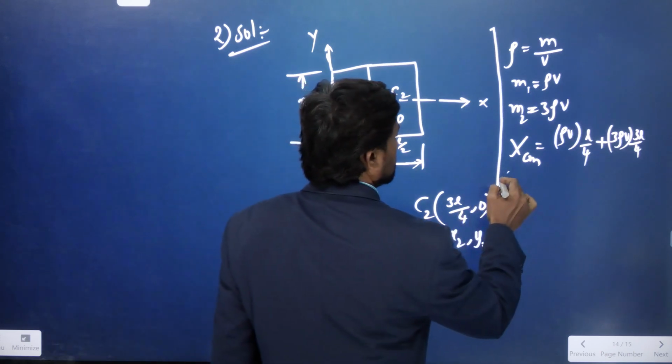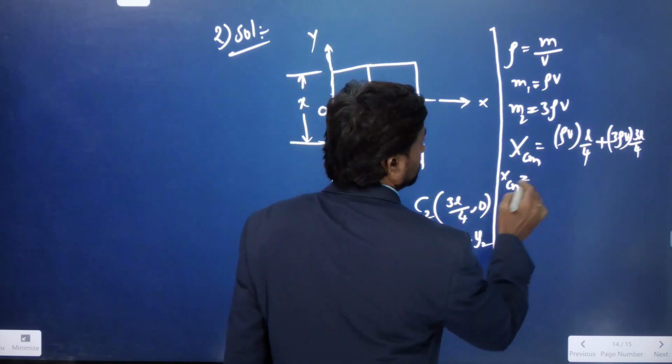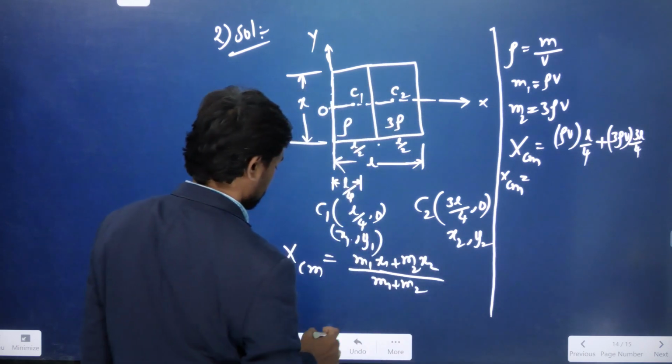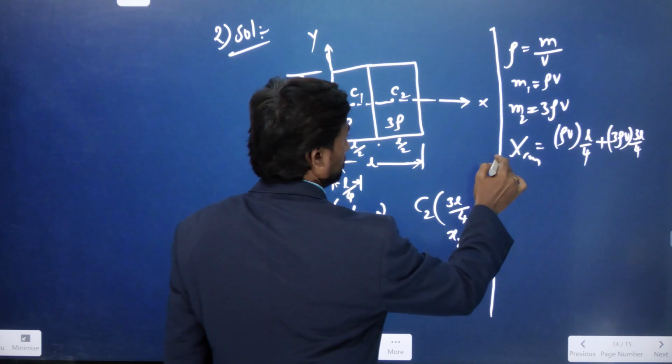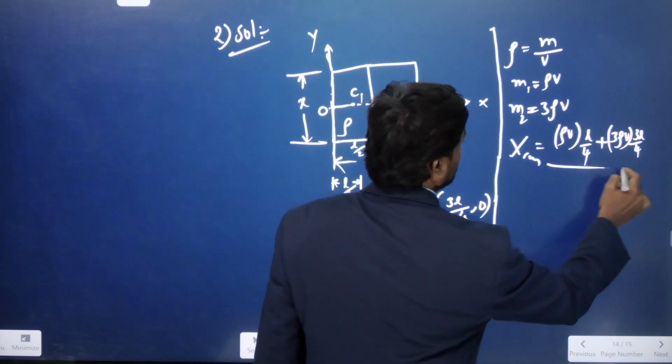Now x_cm is equals to the whole divided by the sum of the masses.